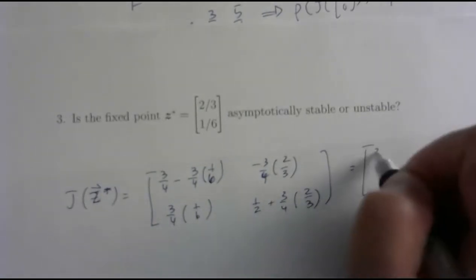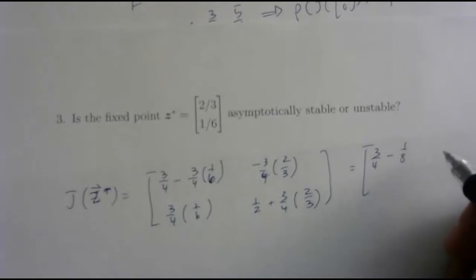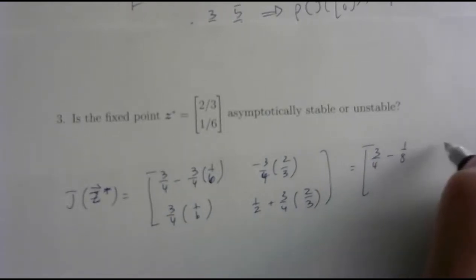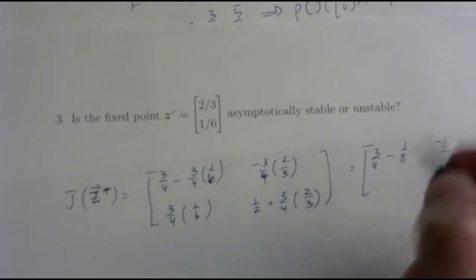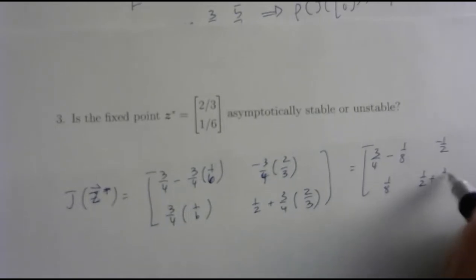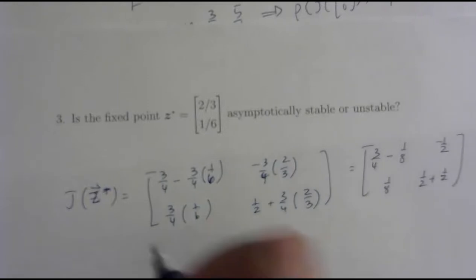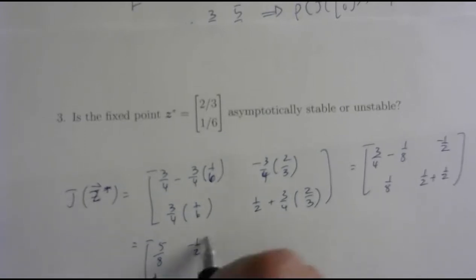So this is 3/4 minus 1/8, minus 1/2, 1/8, 1/2 plus 1/2. So 6/8 minus 1/8 is 5/8, minus 1/2, 1/8, 1.